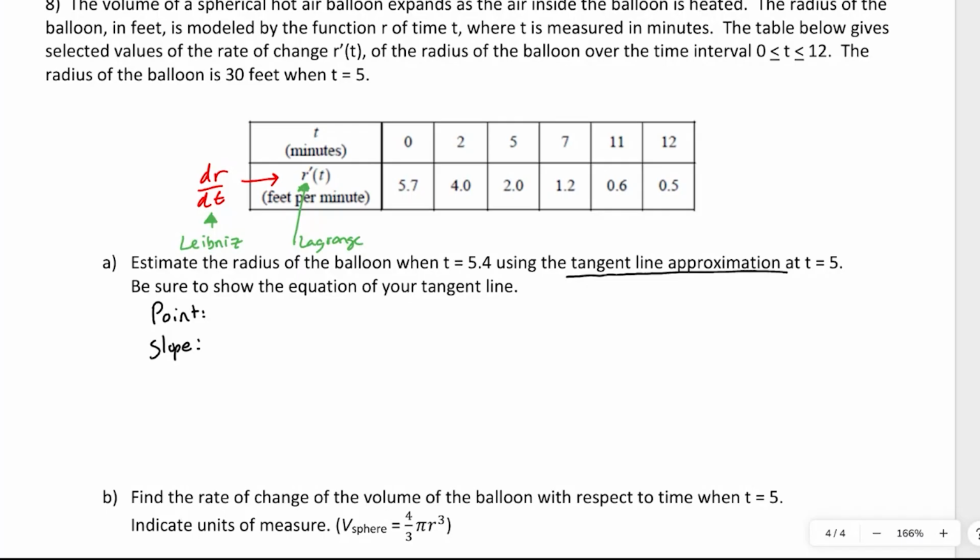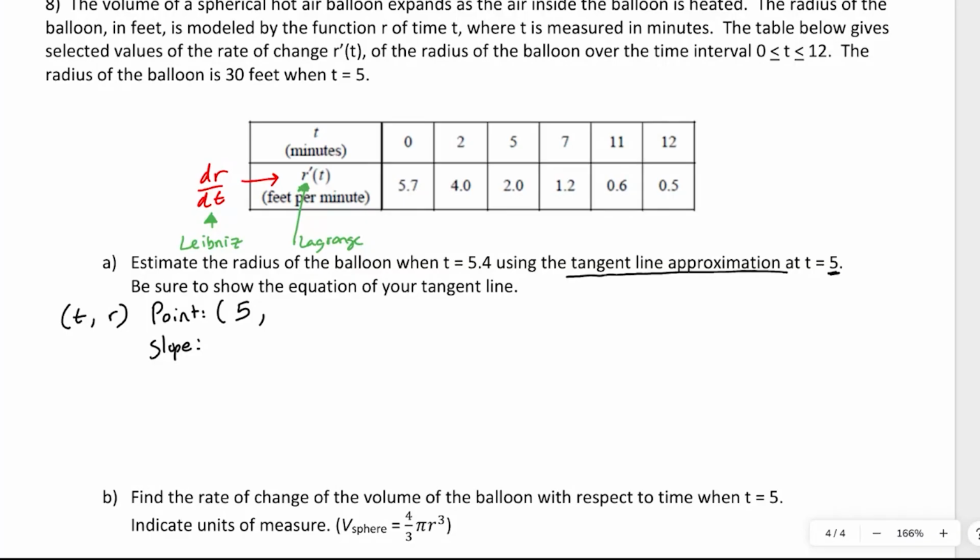So the point is going to be t comma r, right? Time and the radius. The radius is in terms of the time. So at time 5, the radius, be careful here, is not 2, because that is the speed at which the radius is changing.